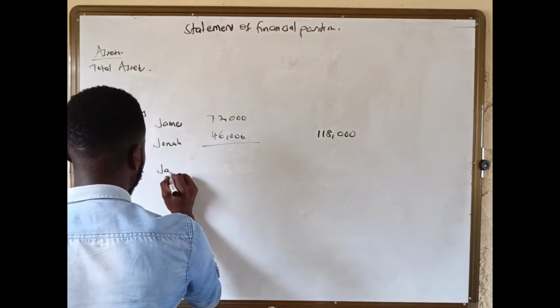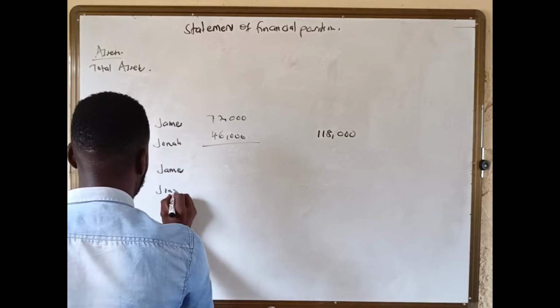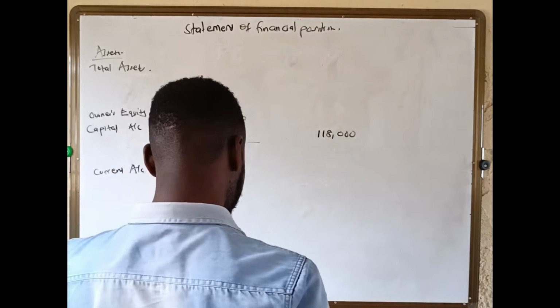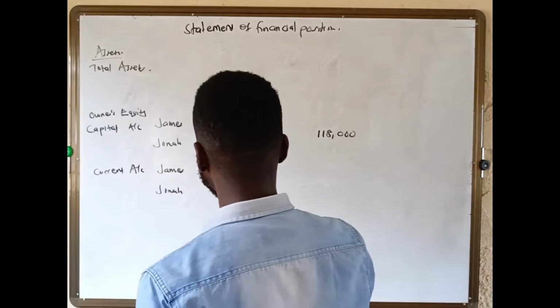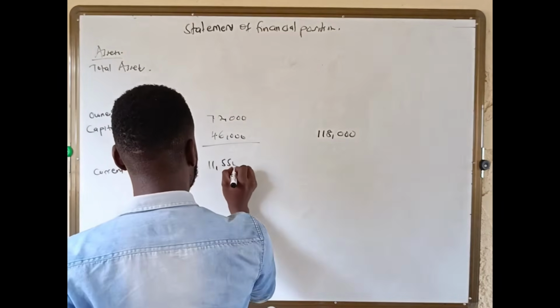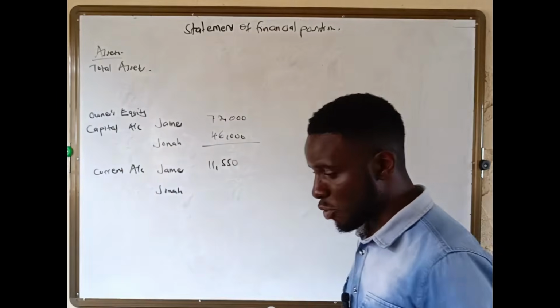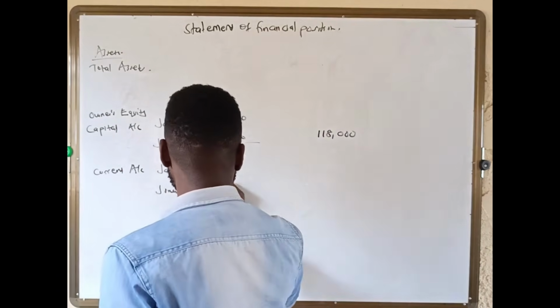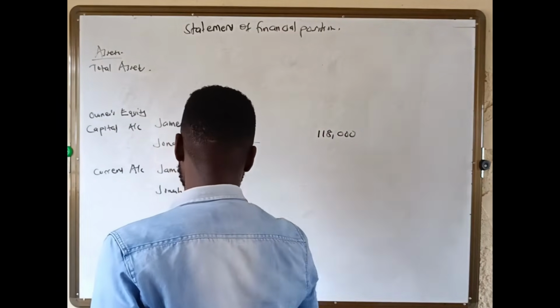Then we also come here with our current account. So see, we have James and Jonah. Remember, for James it was 11,550. Then for Jonah it was 19,450.